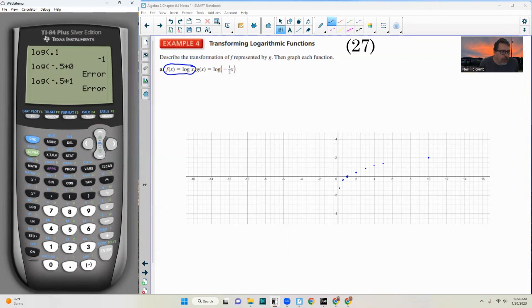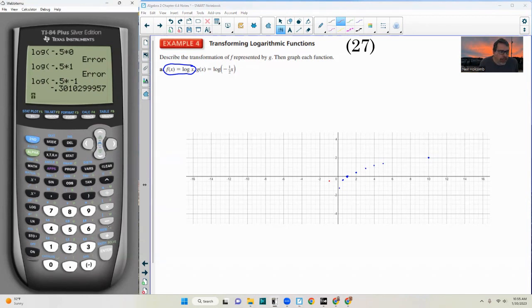So now I'm going to take the log of negative 0.5, and I can't plug in 0. I have to go negative. So it's going to be times negative 1, which will give me negative 0.301. So that will be, I plugged in negative 1. And that's going to be negative 0.3, negative a third, which is about here.